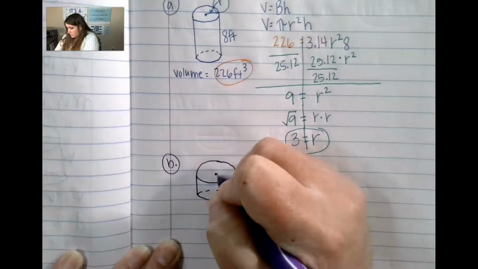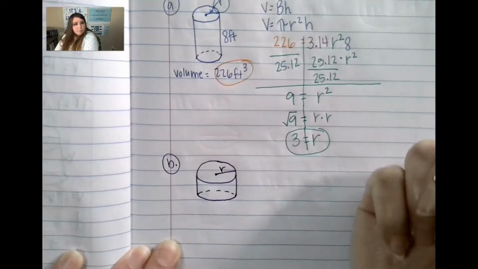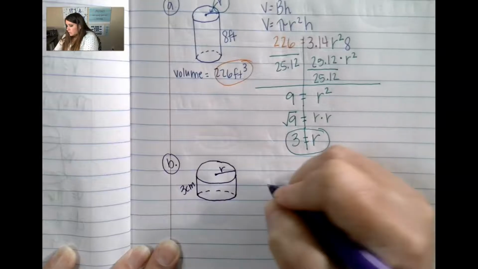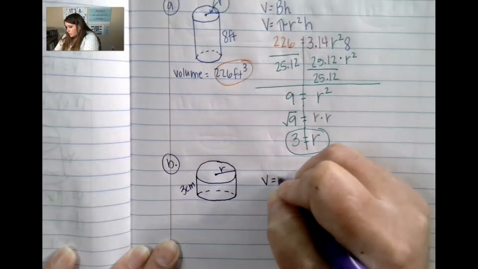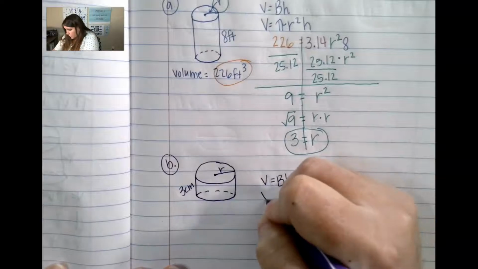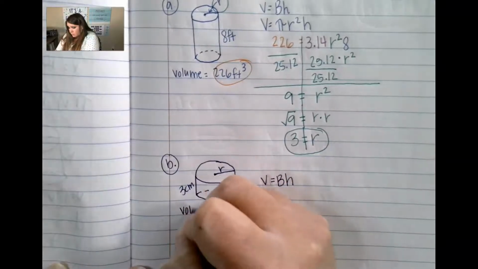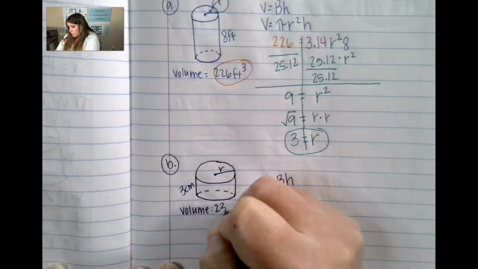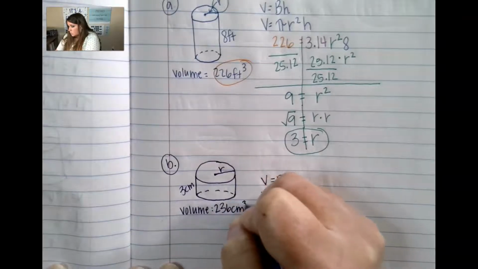It has a radius that's also unknown, but it has a height of 3 centimeters. So again, we're going to use volume equals the area of the base times the height. And the volume of this, they tell us, is 236 centimeters cubed.